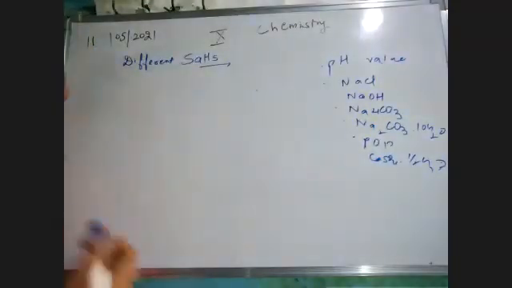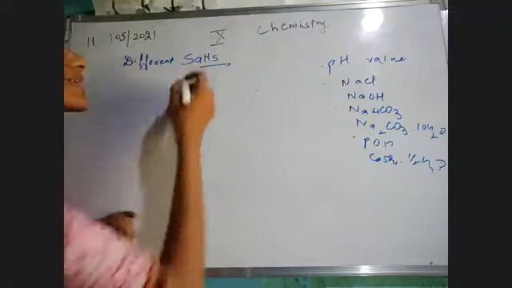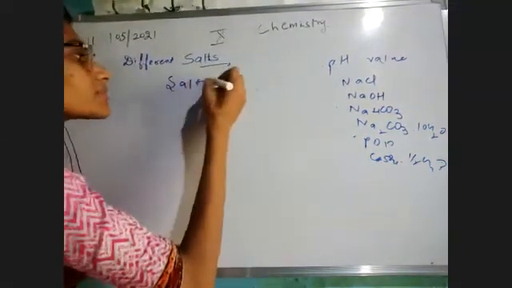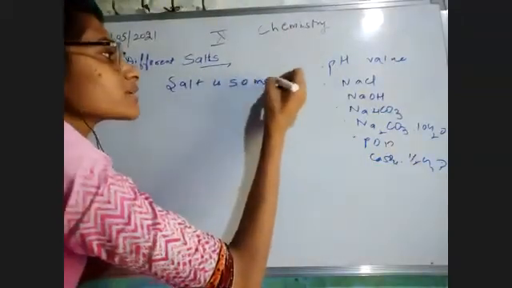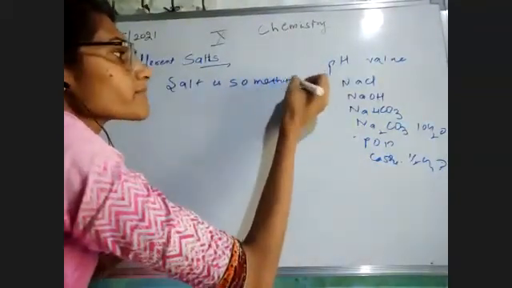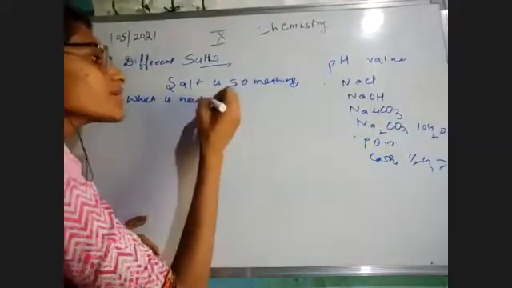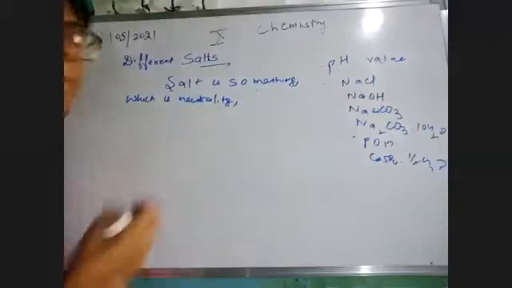Okay, so let's start with what actually a salt is. Basically, if I'm talking about salts, a salt is something which is neutral. So if I'm talking about neutrality, you must tell me the pH value.